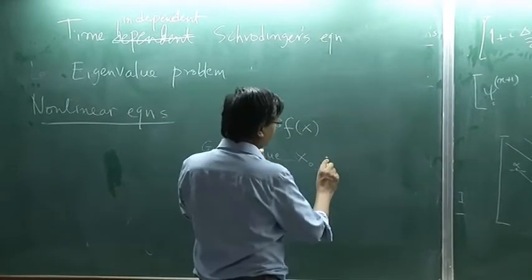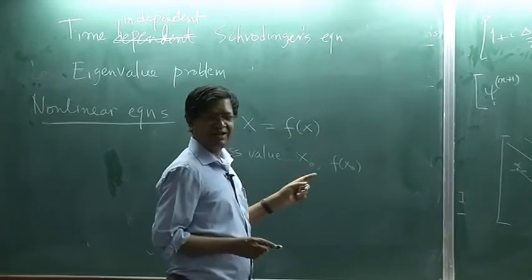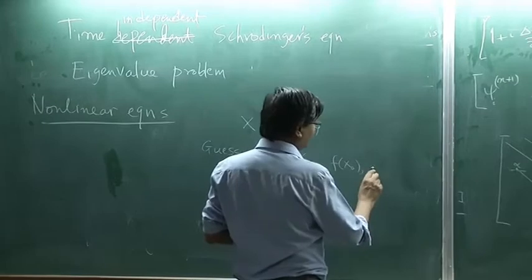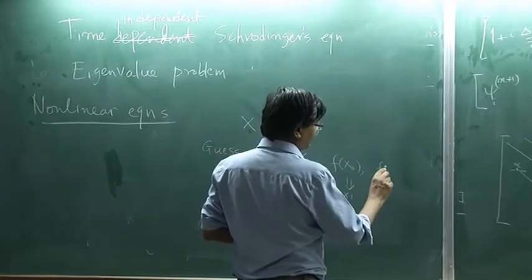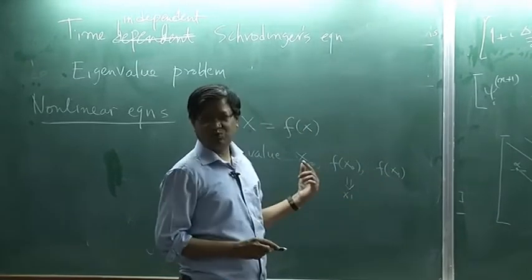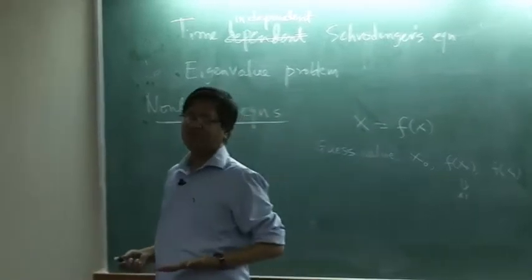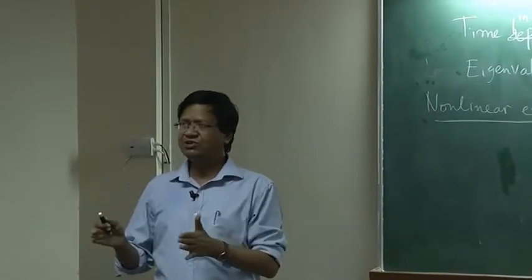So x1 is the same as f of x0. Then I go to f of x1, that will give me x2, and continue till you converge, that is, the modulus of x_n minus x_(n-1) must be less than epsilon.